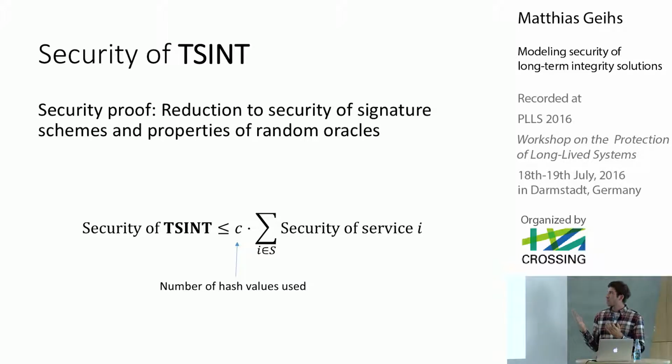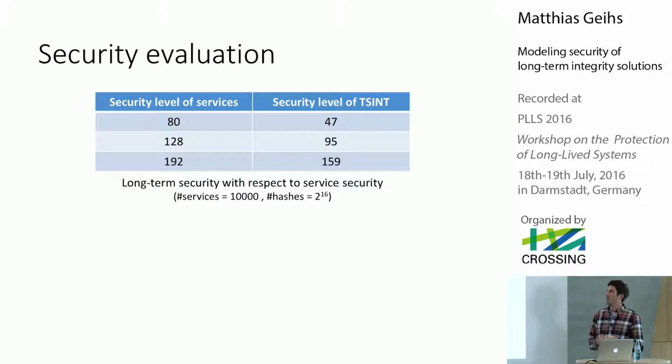So this now allows us to estimate in which context we get which level of security. In the first place, we want to look at a security level of the timestamping services of 80 bits. If we consider that there are 10,000 services active over maybe a period of 100 years, and we allow up to 2^16 hashes in an integrity proof, then we get a resulting security level of 47 bits. Of course, if you use stronger security for the services, you get stronger security in the end.